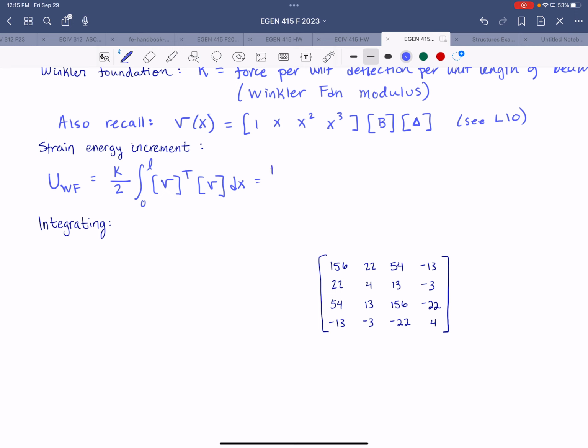Writing this out, expanding it a bit, we'd have the delta transpose times the B matrix transposed times, turning that row vector into a column vector, and then the regular form.